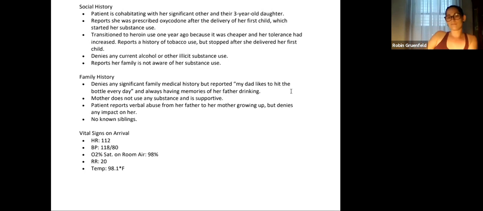I had a last minute thought. Throughout this, thinking of all these different people to refer her to, just be thinking about what kind of insurance she has, if she has insurance, what her socioeconomic status is, any financial resources, and what transportation looks like for her.